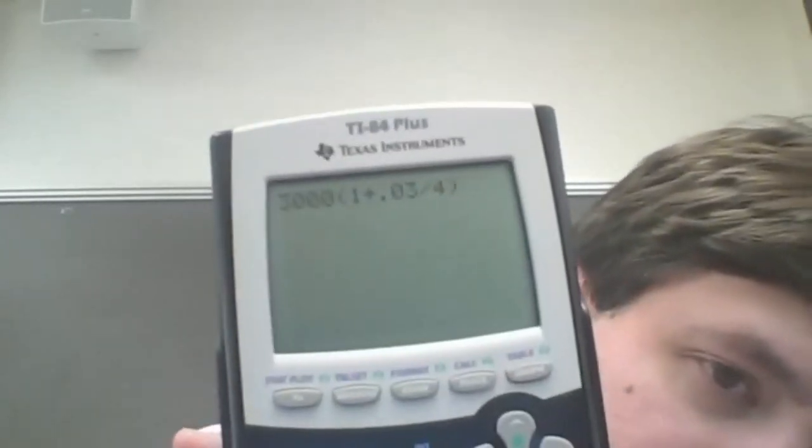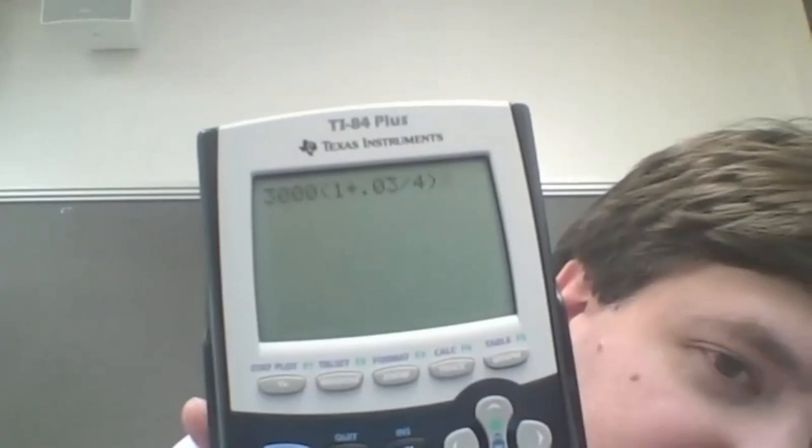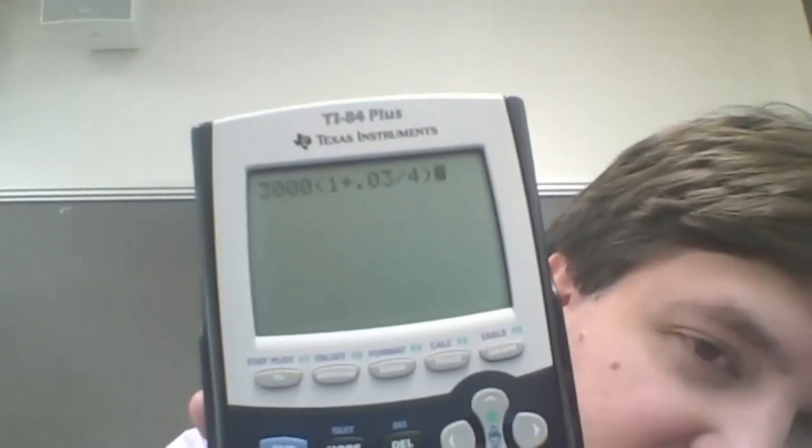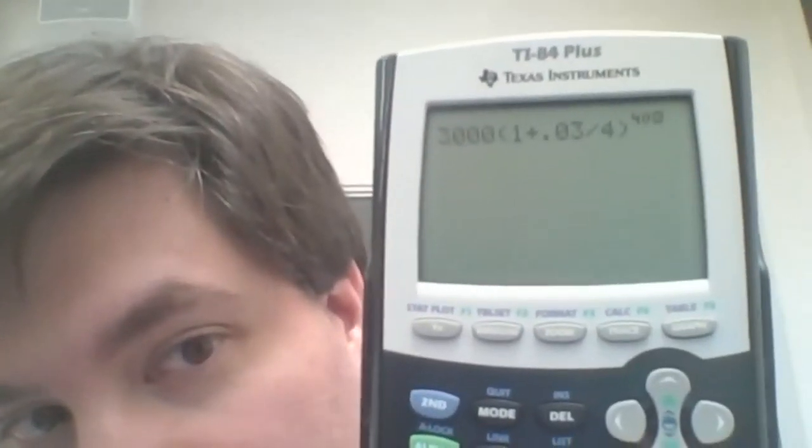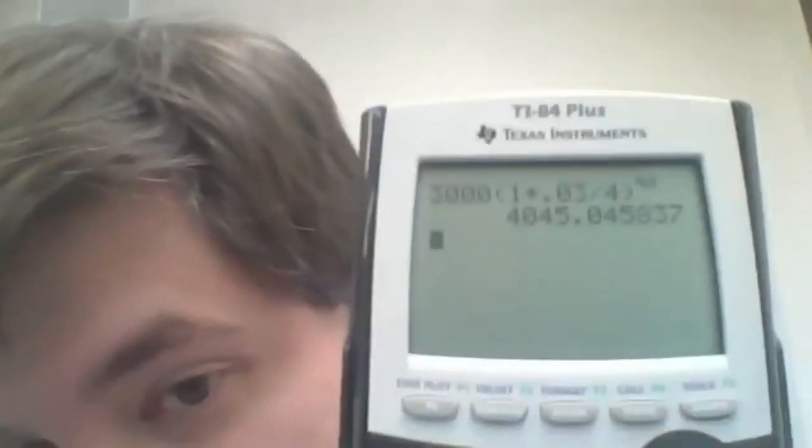And you close the parentheses, so it's going to look a little something like that. 3,000 times in parentheses 1 plus 0.03 divided by 4. And then what we need to do is just raise that to a power, which I figured out earlier happens to be 40. So there's the 40 you can see there. And if you push enter, that'll give you this amount right there.